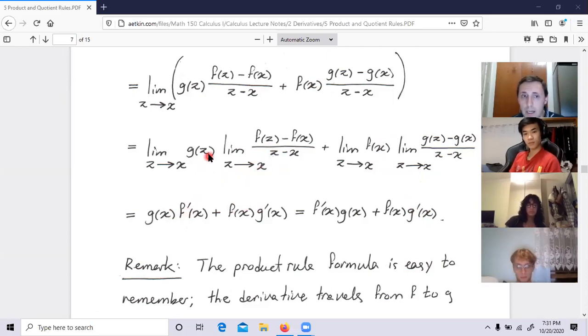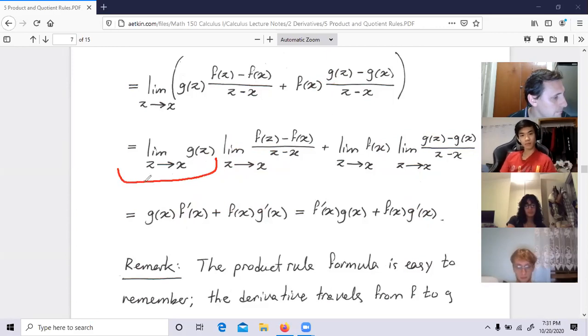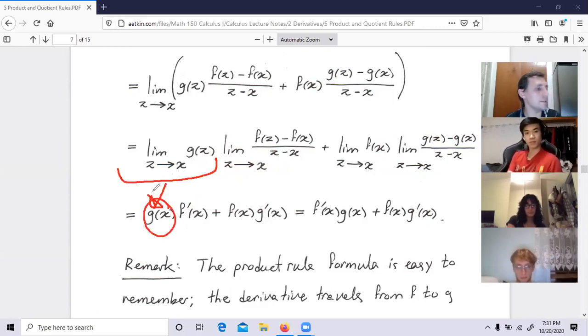You see this line? You might not have noticed it. How can I guarantee this? Why is the limit as z goes to x of g of z equal to g of x?